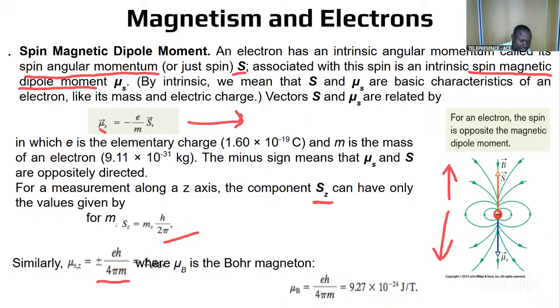So this e multiplies with h, and the ms here, if you make ms the subject of the equation from here, let me just quickly do that. So you have ms is equal to h over 2 pi.